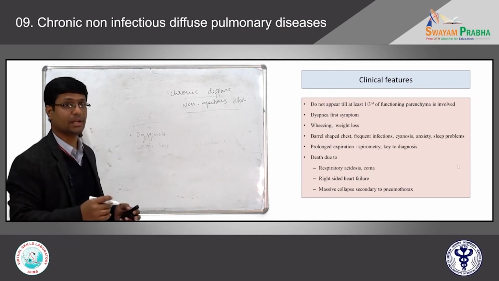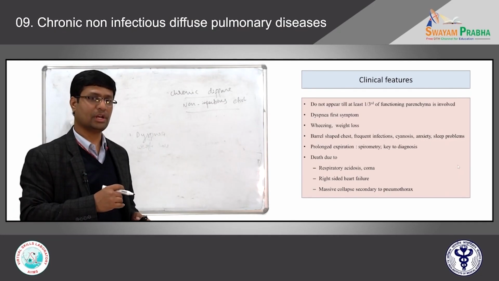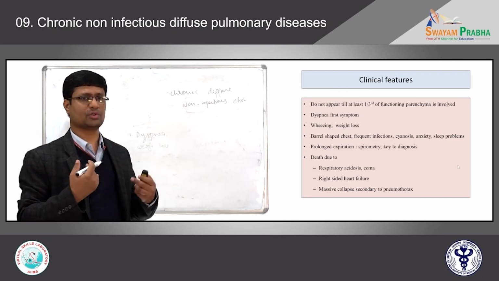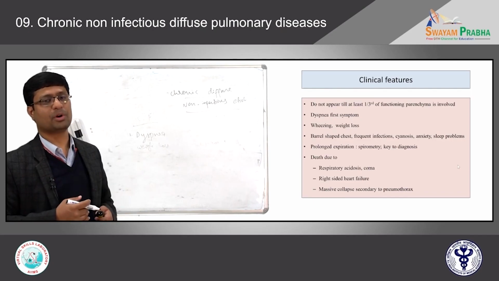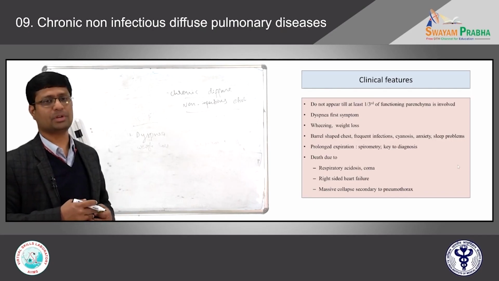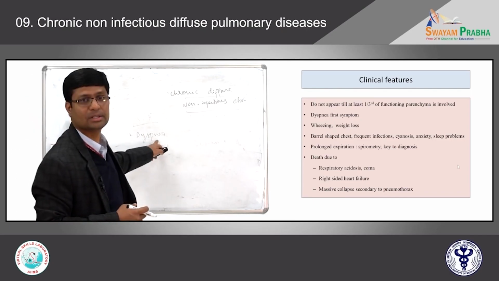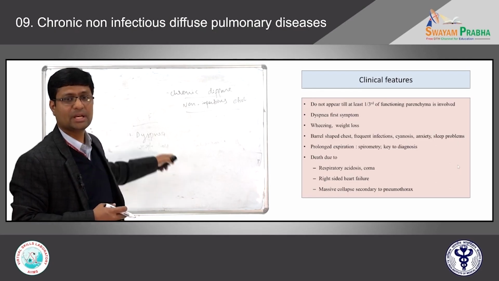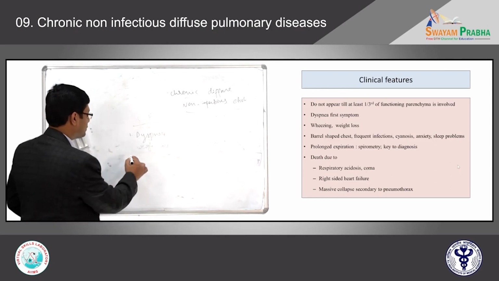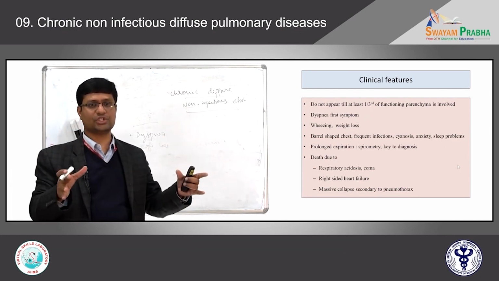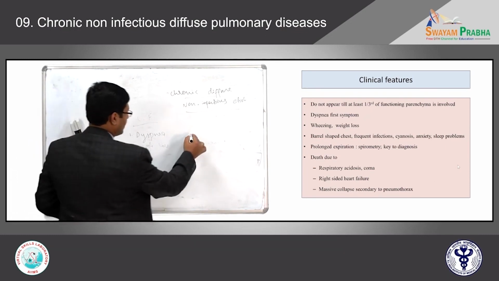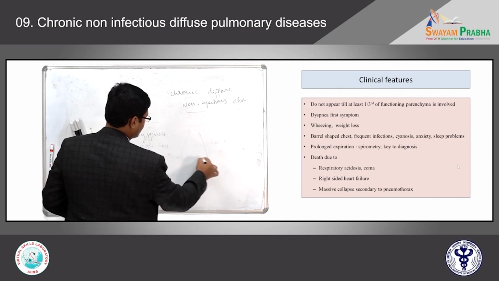Weight loss is secondary. It is not truly related to the disease process. Weight loss because of chronic disease, improper diffusion and also significant dyspnea, right? What will happen then? When you see the patient, usually our chest is conical in shape, right? Our chest shape is usually like this.